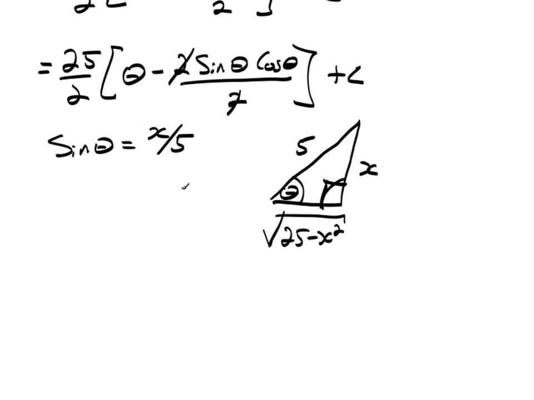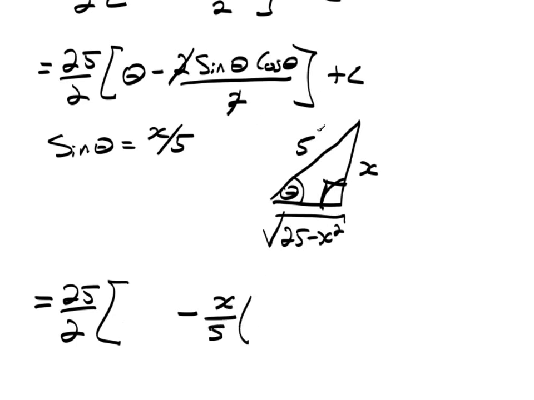Okay, I know sine is x over 5, so I'm going to rewrite my answer as 25 over 2 times, I'm going to come back and deal with this theta in just a second, minus sine of theta is x over 5. Cosine of theta is the square root of 25 minus x squared, over 5.